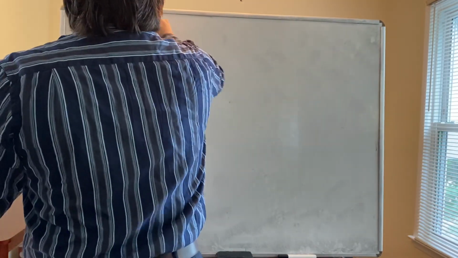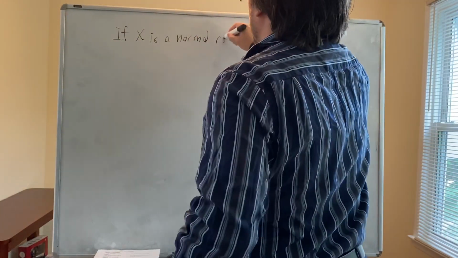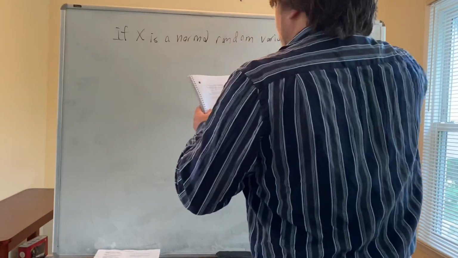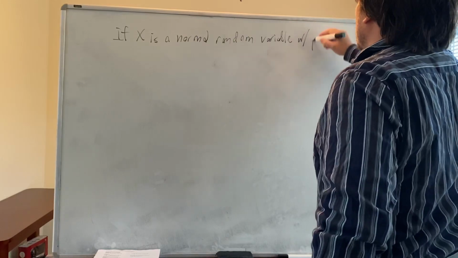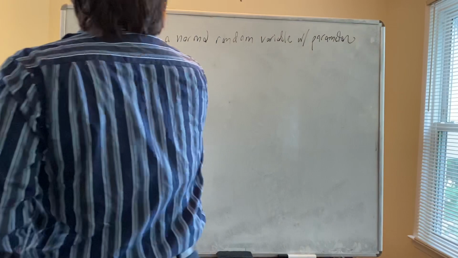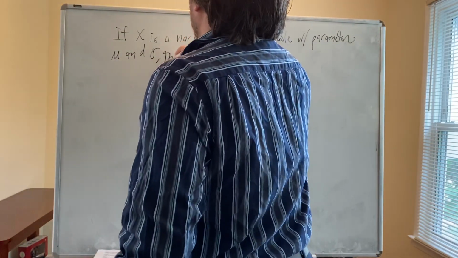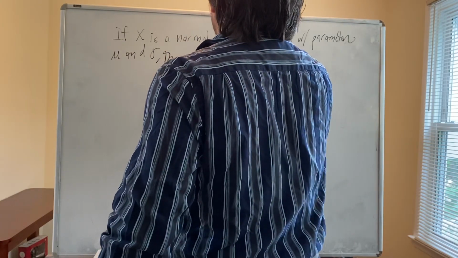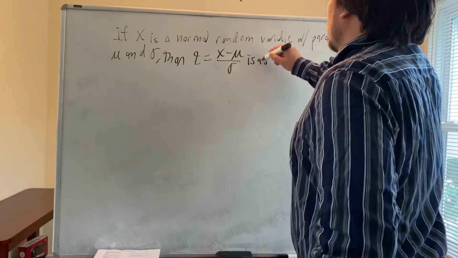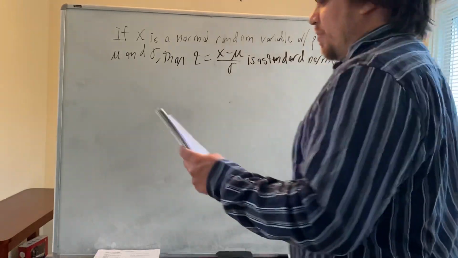So first, if X is a normal random variable with parameters mu and sigma, then Z, which is X minus mu over sigma, is a standard normal random variable.